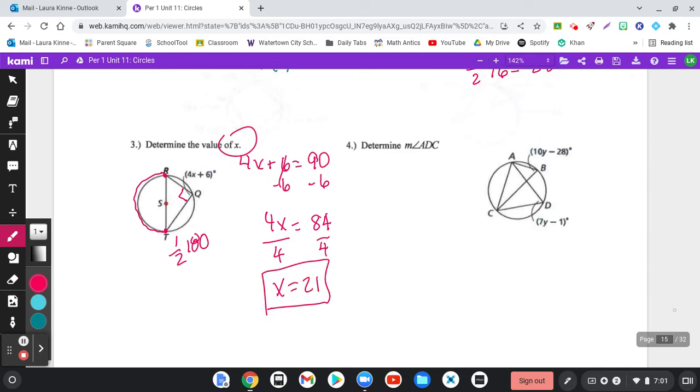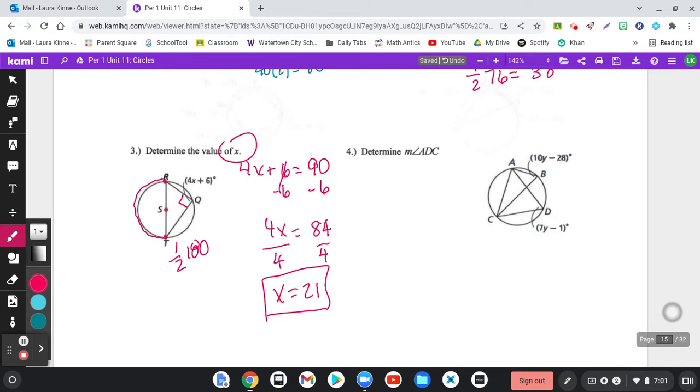On this one, it looks a little different, but if you notice, this angle here has endpoints at A and C. This angle here also has endpoints at A and C. So that means that they're half of this arc, which means that they're equal to each other. They're both half of the same arc. So we'll just set them equal. 10y minus 28 equals 7y minus 1.